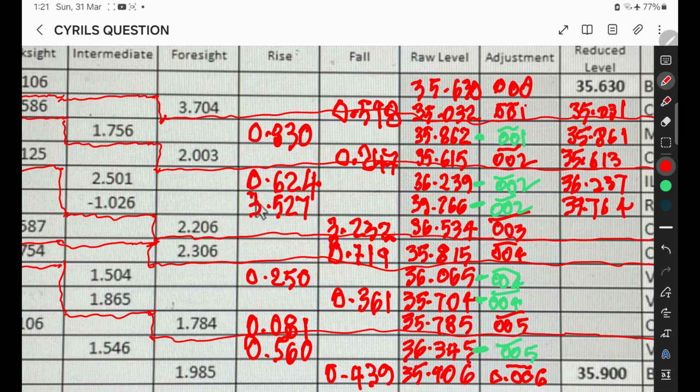Okay. 36.531. 35.811. 36.061. 35.700. 35.780 and 36.340.